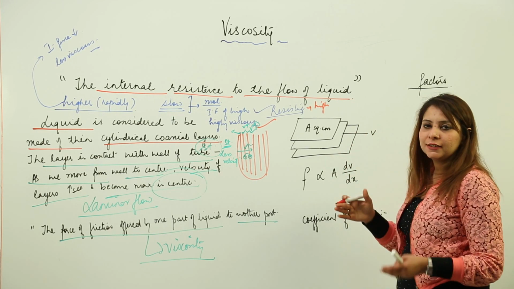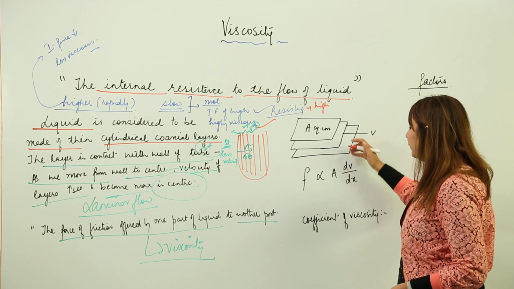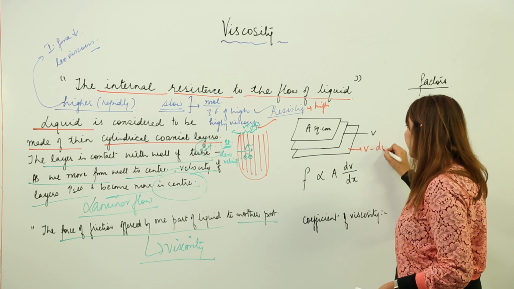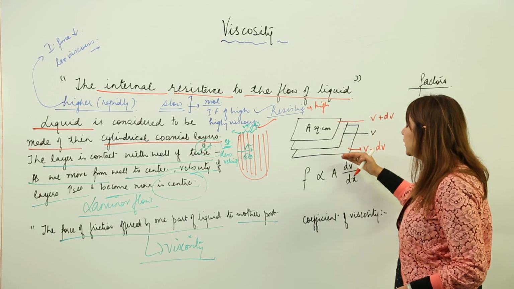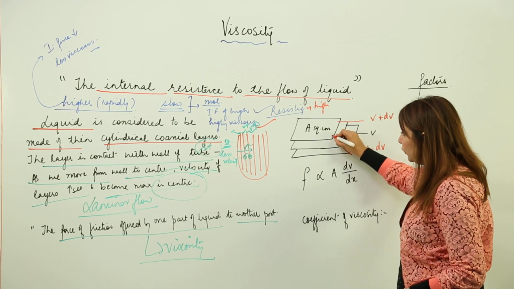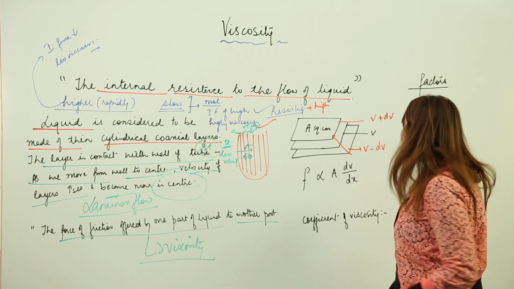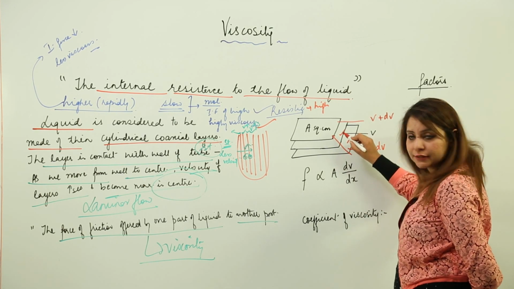The layer below will have velocity v minus dv, and the one above will have v plus dv, because we are moving from the wall of the tube towards the center.